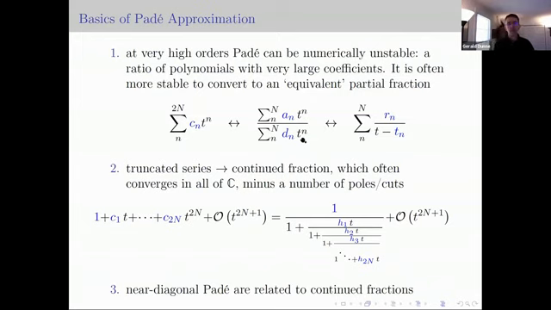Of course, in principle, these are all equivalent, but this step from here to here involves a numerical step. Padé, when capital N is large, has this inconvenient numerical instability, but when you convert it to something like this, these residues don't tend to grow very rapidly, and the poles tend to be much simpler.